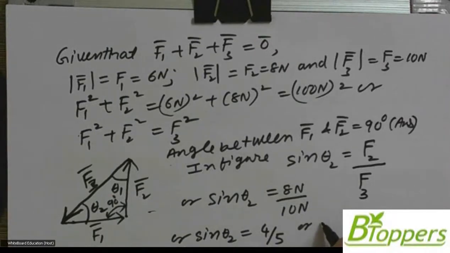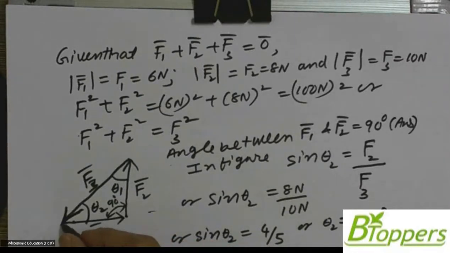Or theta 2 equal to 53 degrees. But theta 2 should not be taken as the angle between F1 bar and F3 bar. As I discussed earlier, in order to find the angle between two vectors by the graphical method, the two vectors must be graphically represented such that the tail of one vector is attached to the tail of other vector.